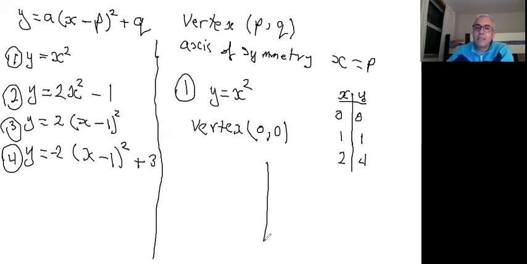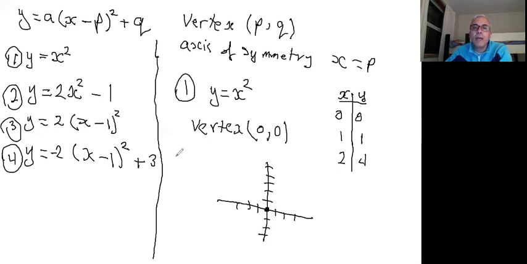Now let's just draw a grid and plot my vertex first. There's my vertex right there.